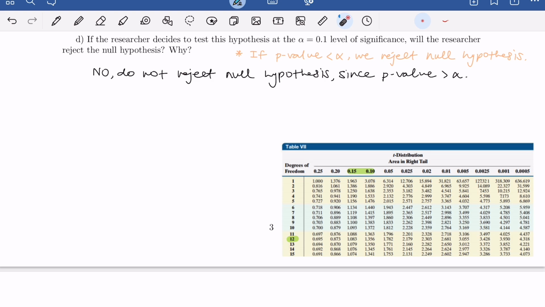And then the last value in that column there is our z value. So for large sample sizes, like in this case, we have a sample size of 200, the t-distribution approaches the z-distribution. So in cases like this, we can use the z value for our calculations. So if we looked at this table, we would easily find that z value.